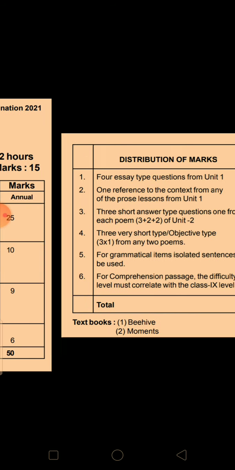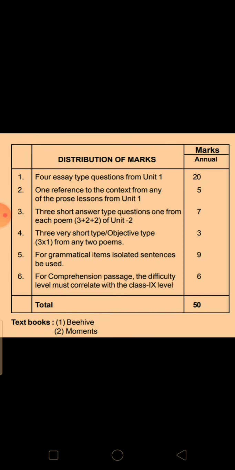And here the distribution of marks would be 4 essay type questions from Unit 1, 1 reference to the context from any of the prose lessons from Unit 1, and 3 short answer type questions from each poem that you have learned here.